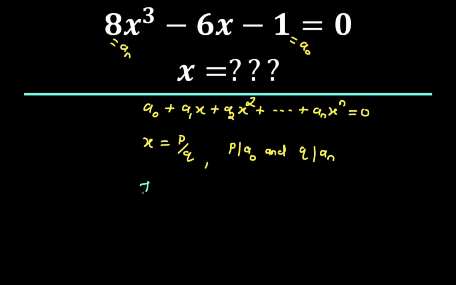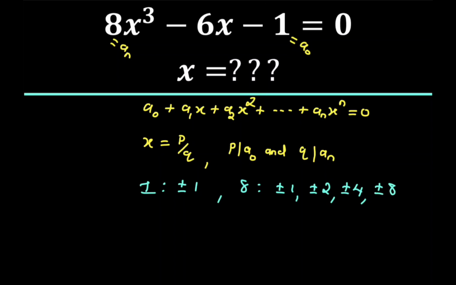We know the factors of 1 are just plus or minus 1, and the factors of 8 are plus or minus 1, plus or minus 2, plus or minus 4, and plus or minus 8.